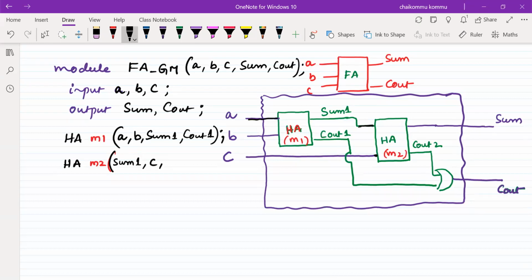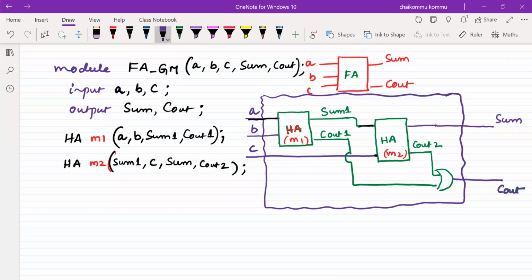What is the output for this one? Sum. What is the output for Cout for this one? Cout2. A, B, C. Right? Is it clear?